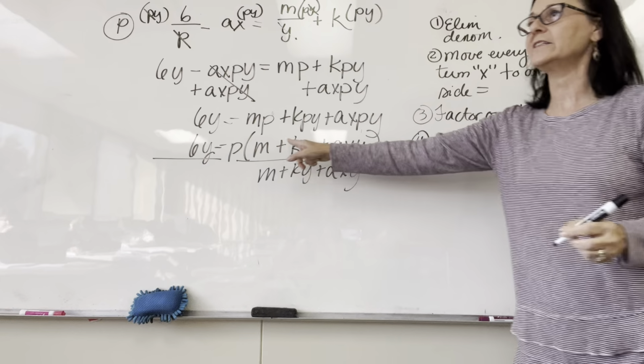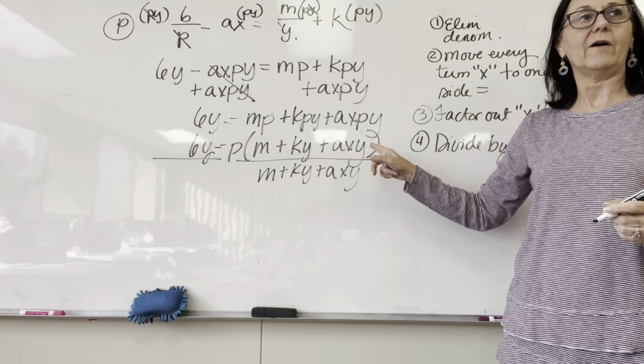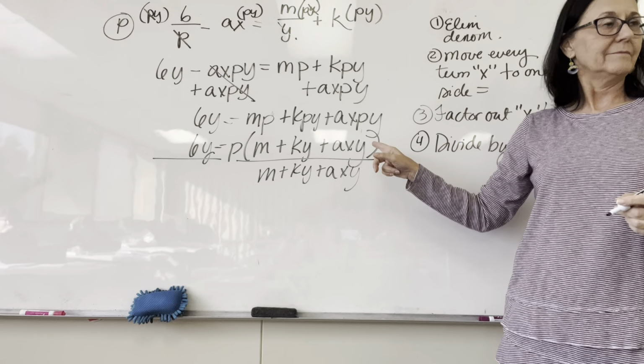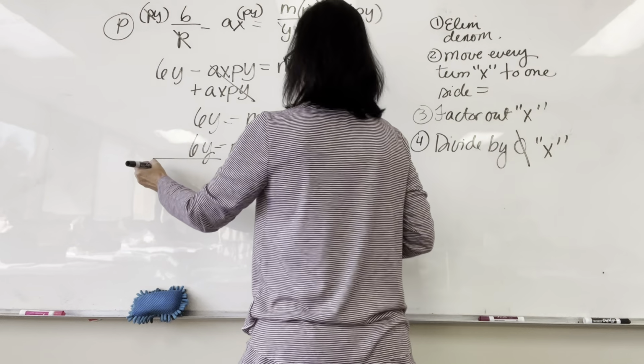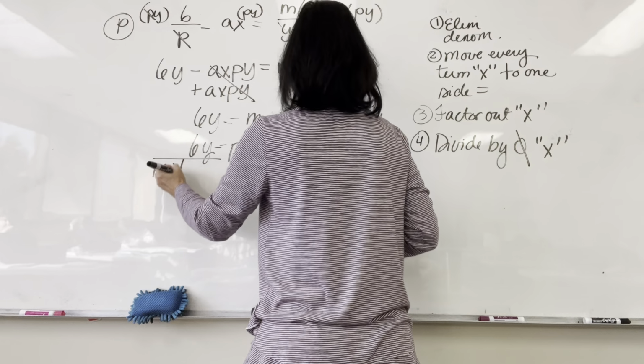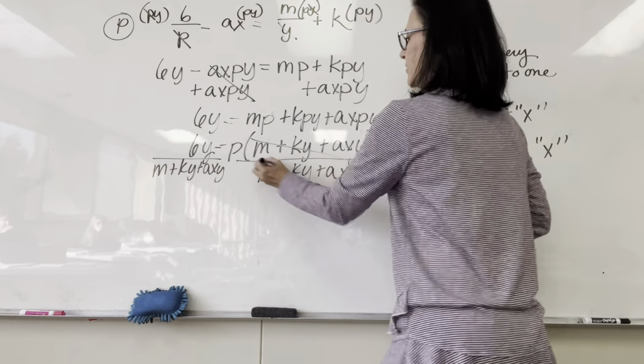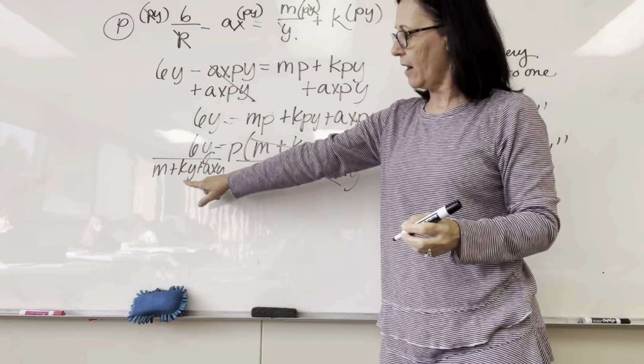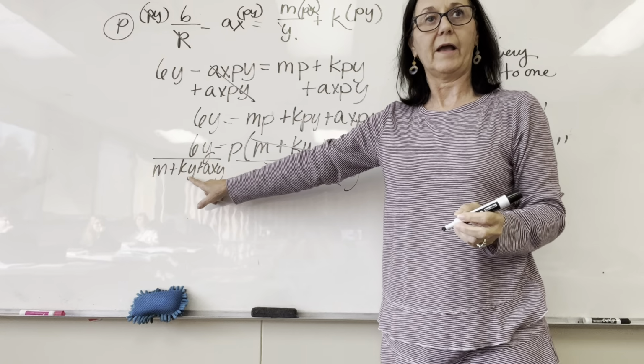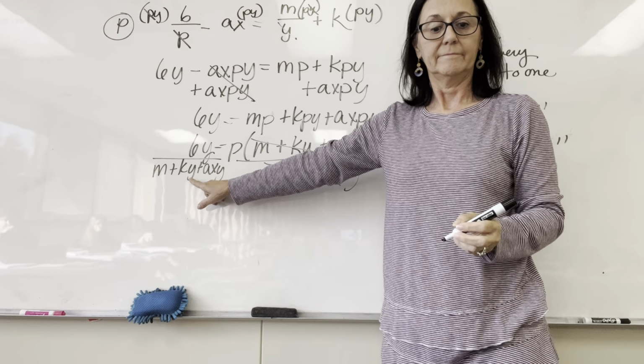I always go back and double check my three terms, to make sure I don't have a p in them. So the value of p is 6y over m plus ky plus axy. Got it?